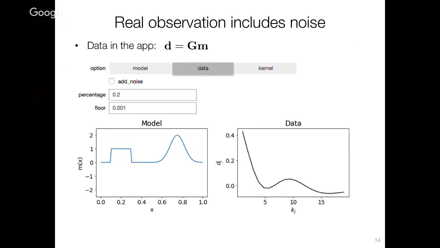The observations that you can work with, a good way of working with them is to have, let's say, some sort of percentage plus a floor. So that's a pretty good description of the noise. And what we mean by that is that your observed data is your true data plus some noise.